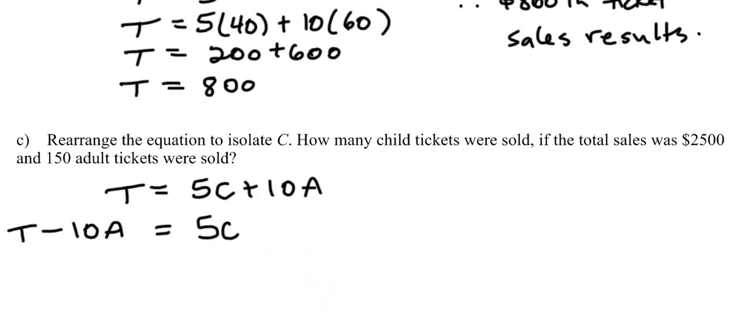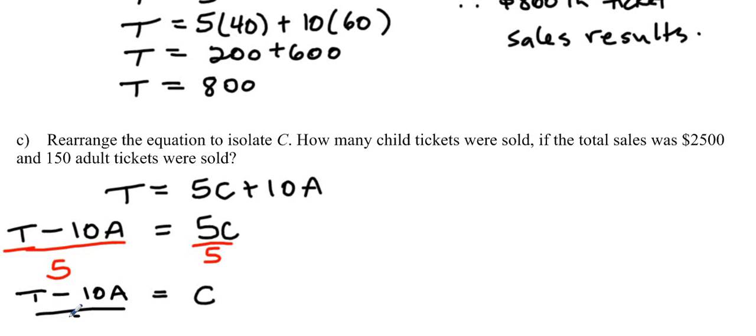And then I have to divide through by the 5 to get C by itself. So I'm going to divide this whole thing by 5. All right, so that means I end up with C equals T minus 10A, over 5.